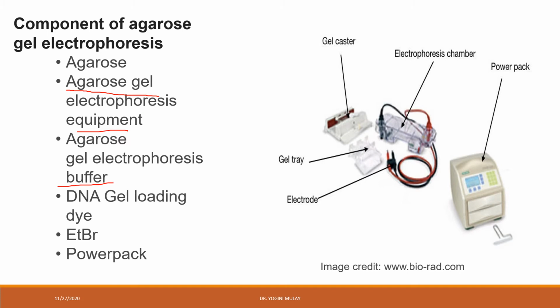Then we need gel loading dye, and in order to see the DNA bands, ethidium bromide is required, and for the continuous current, a power pack should be there. Okay, so these are the pictures where we can see the various components of agarose gel electrophoresis, and this picture is taken from this website.